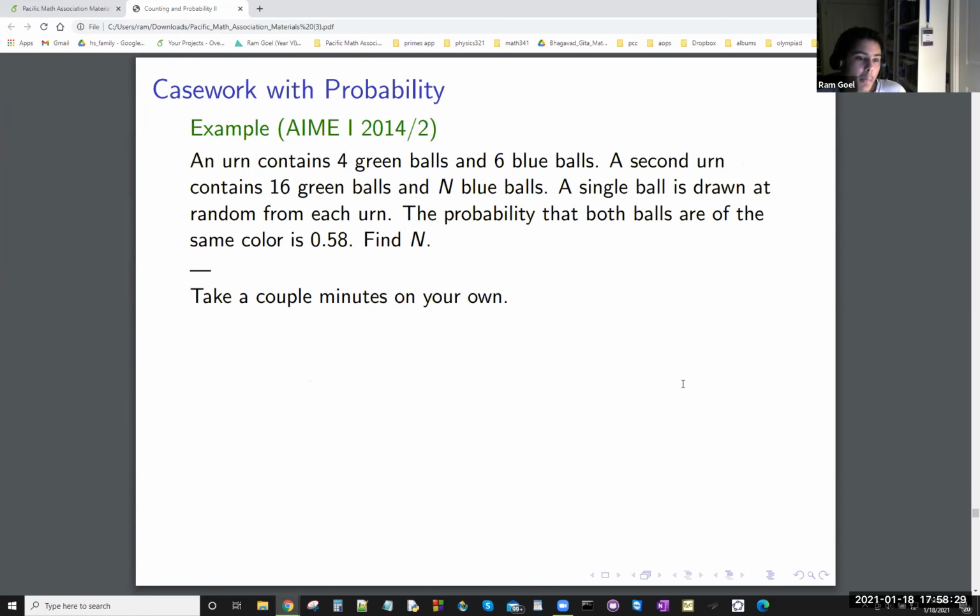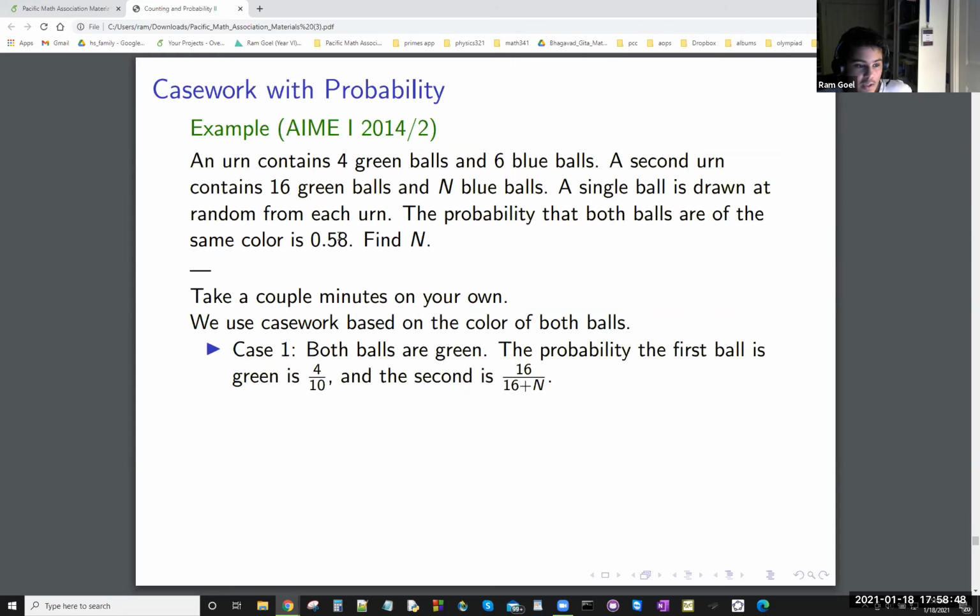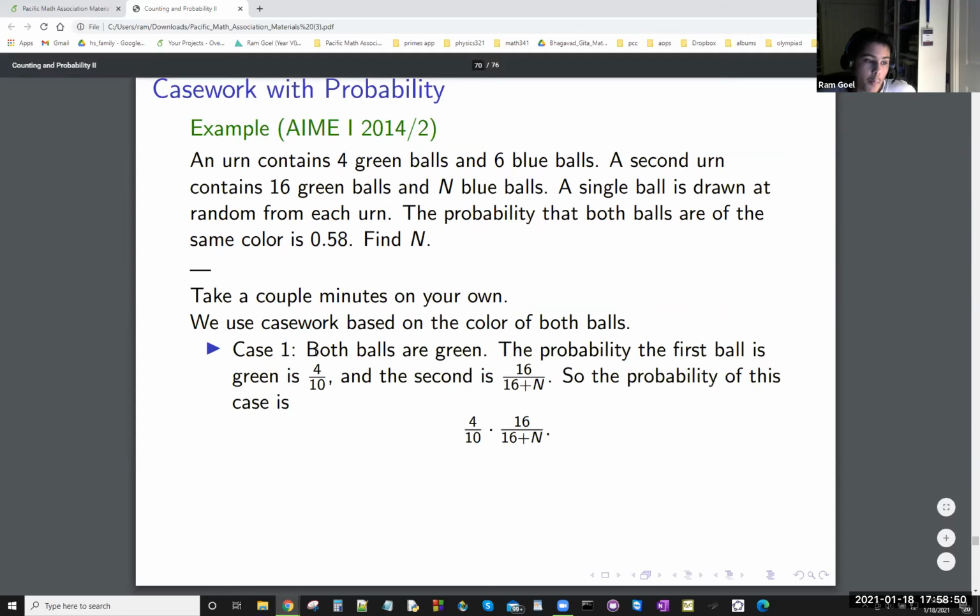Right here, the probability that both balls are the same color. It's hard to deal with this on its own. You know, how are you going to say they're the same color? But if we can break it down into two cases, which is they're either both blue or both green, then it's easy to do because we are given the compositions of both of the bowls and we can just compute the probabilities. Again, the reason we multiplied is because we want both balls.